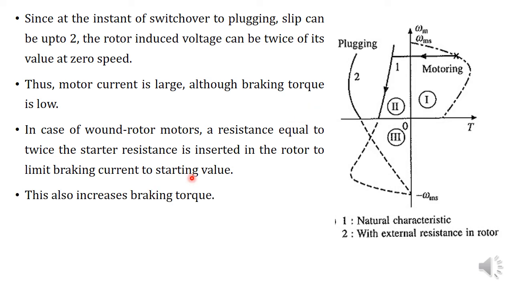It also increases the braking torque. Here, curve 1 indicates the characteristics without adding any external resistance. You can see the braking torque is small. When we add an external resistance, the braking torque becomes large.